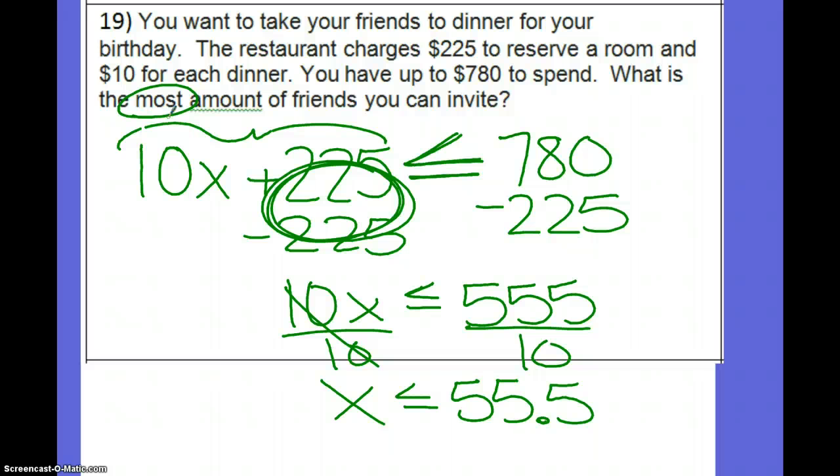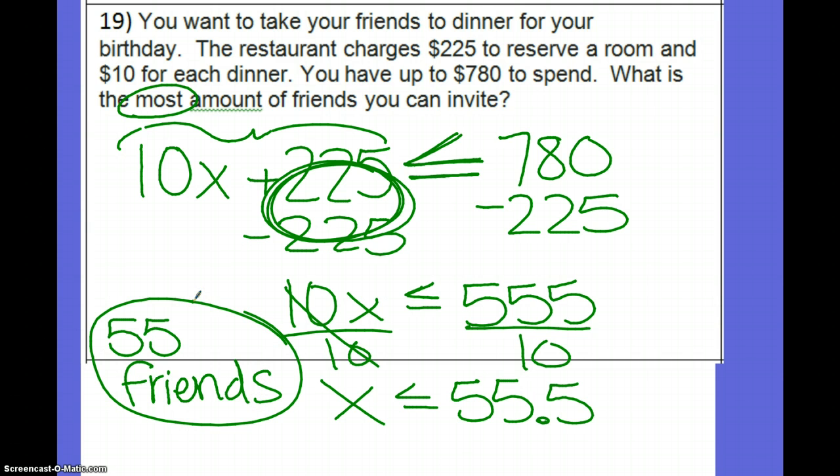In this case, because an extra friend is going to cost you more money, you have to go lower because you cannot spend over what you have. You only have 780 to spend. You can't go over. So we have to just say 55 friends instead of 56. So that is our final answer.